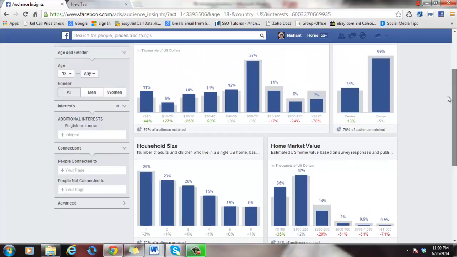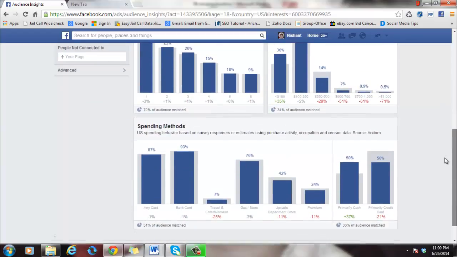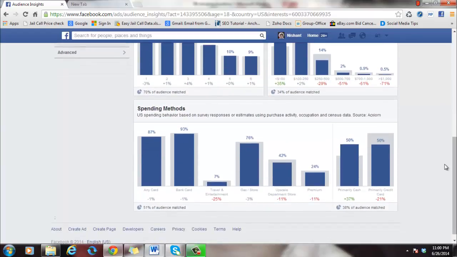And when you scroll down, you're also going to see information on what type of cards they use. Primarily credit card, it's only 50%. Primarily cash, it's 50%. If you're trying to sell them something, you want to go after the people that are primarily credit card holders or bank card users, because the others are using primarily cash.